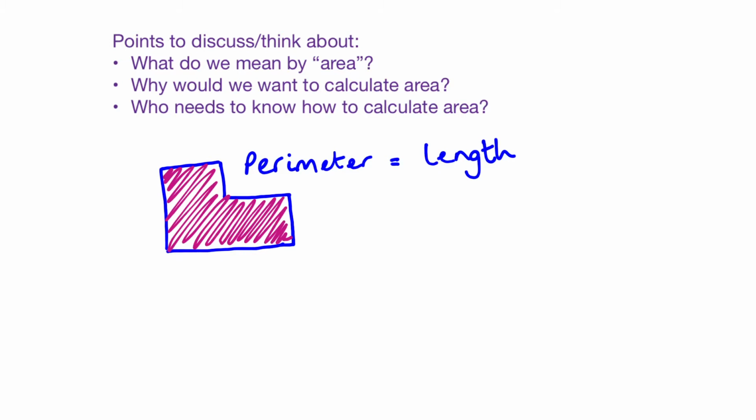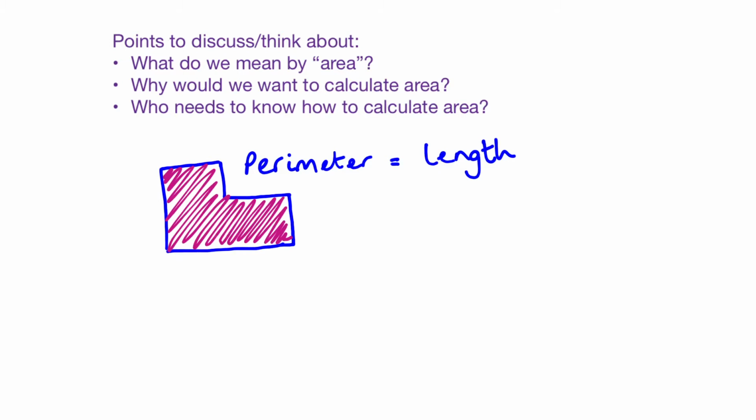Well, there are lots of things, particularly to do with your home, that require an area calculation. So, for example, laying turf in your garden. You would need to know the area of turf that you needed to cover.